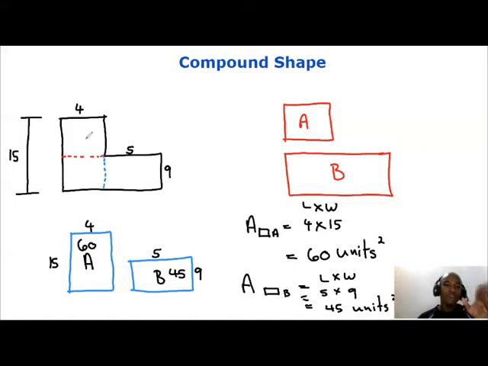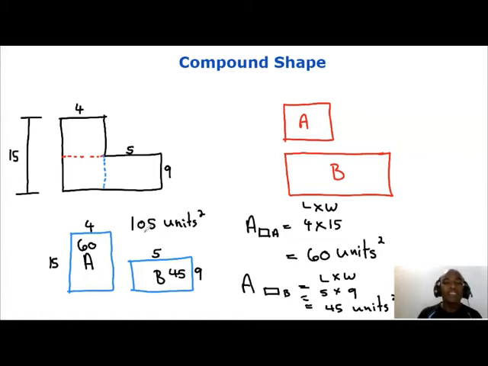So the area of the entire shape would be 105 units squared. How did I get 105 units squared? I added 60 plus 45, and that gave me 105 units squared. And this is how we basically deal with compound shapes.